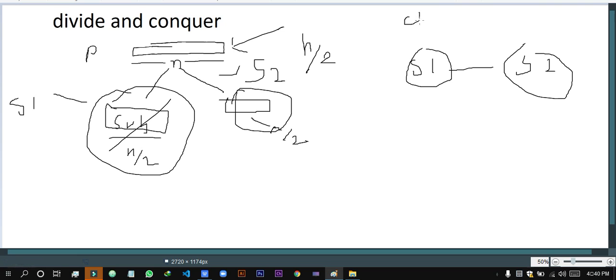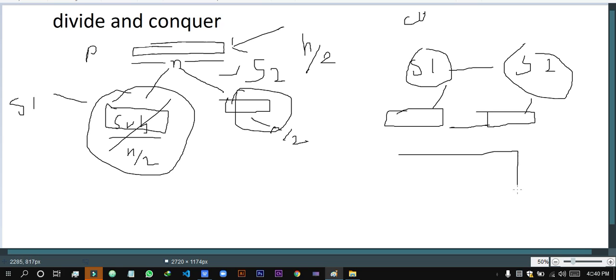Actually, the meaning of conquer is to merge, with a similar working. So now, solution one and solution two, S1 and S2, I will merge these two solutions to get a properly sorted array. This is the working and a high level overview of the divide and conquer technique.